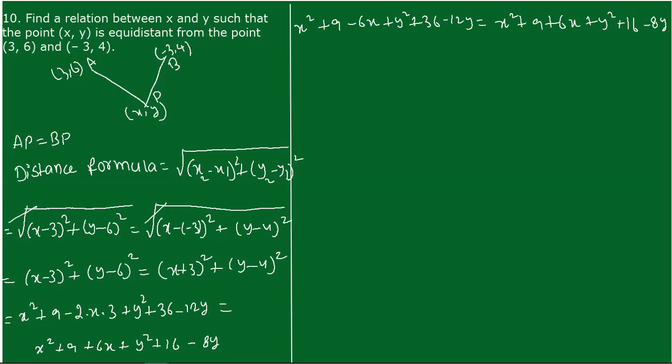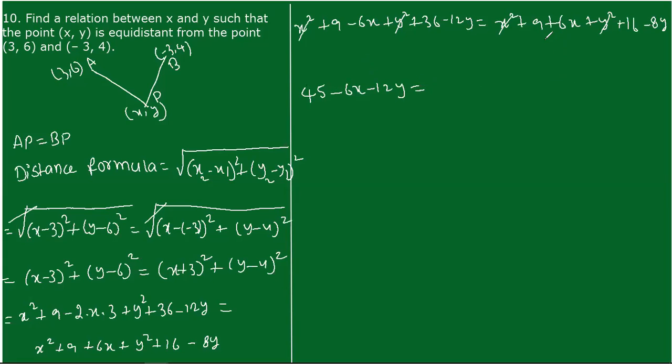Here I can cancel x square and x square, and y square and y square. Now check the constants and variables. 9 and 36 are the constants, so 9 plus 36 is 45. Now check the variables: minus 6x and minus 12y. These two are different, x and y, so write them as they are.